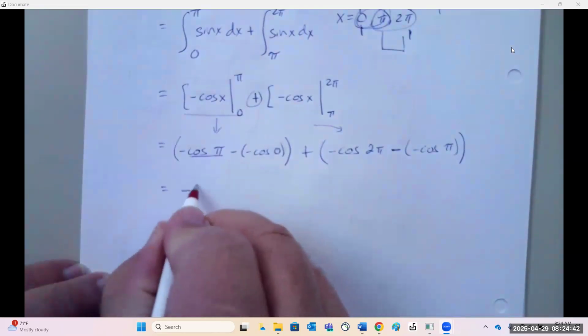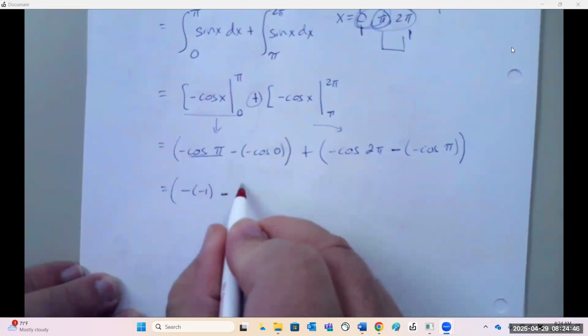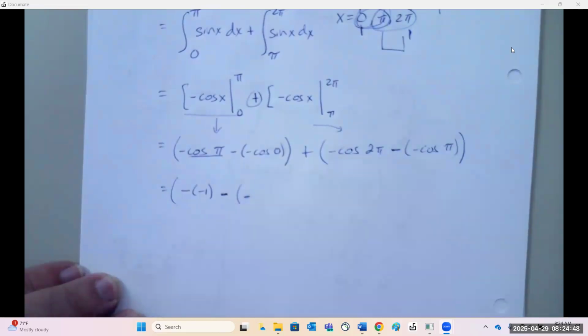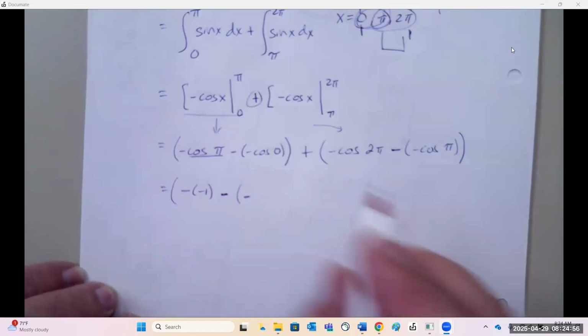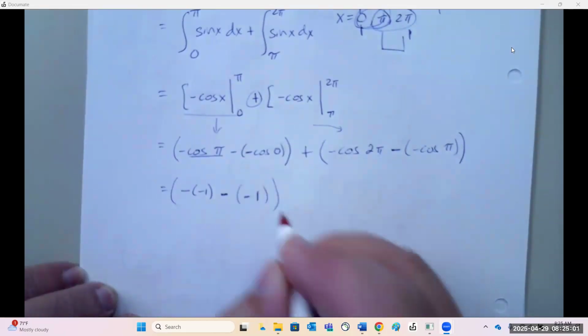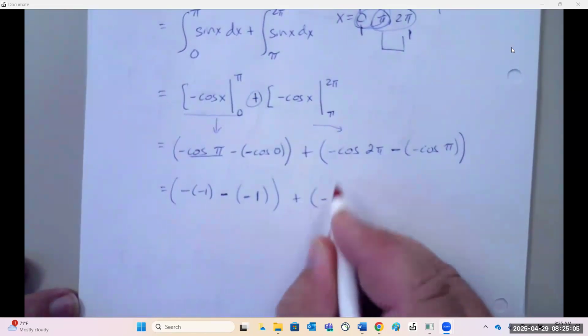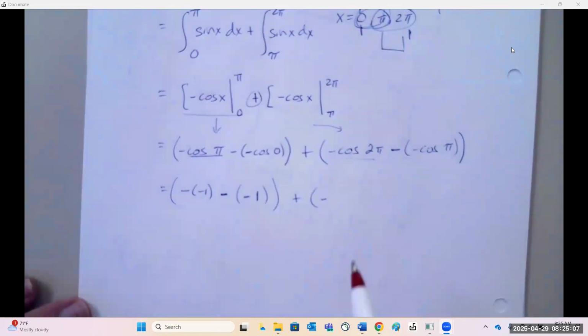So it's negative of negative 1 minus negative, what's cosine of 0? Is it still 1? Yeah, because it's on the positive side. It's 1, but the negative in front of it, so it's negative 1. Negative. What's cosine of 2 pi?